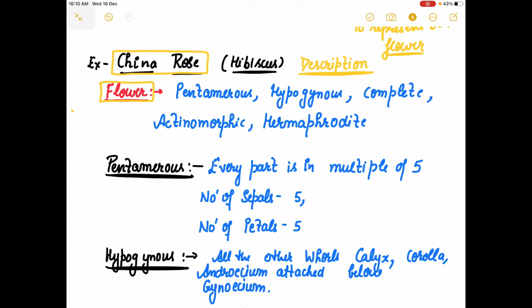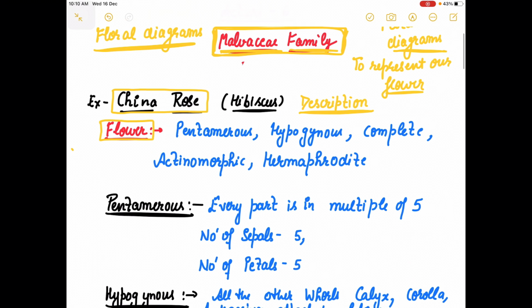Now, in the Malvaceae family, please keep the picture of China rose with you, so that you can recall these points very easily.